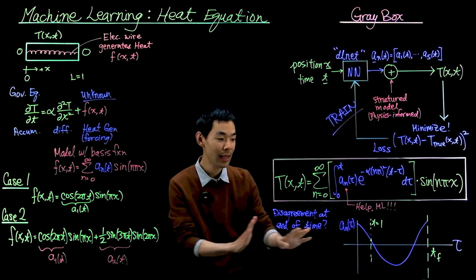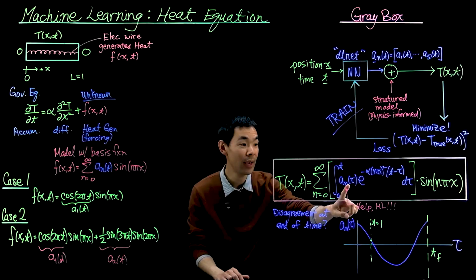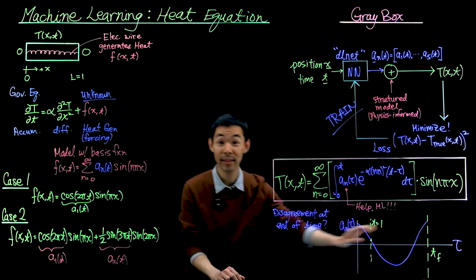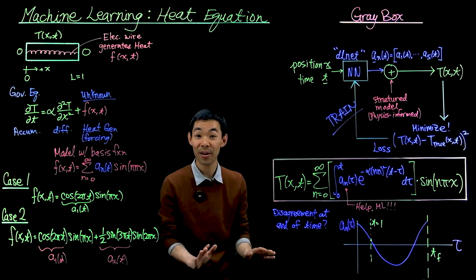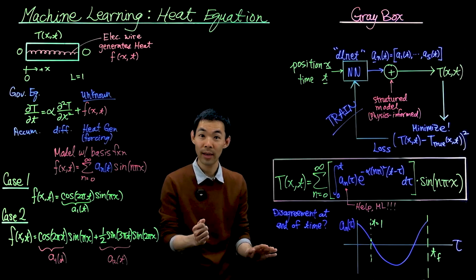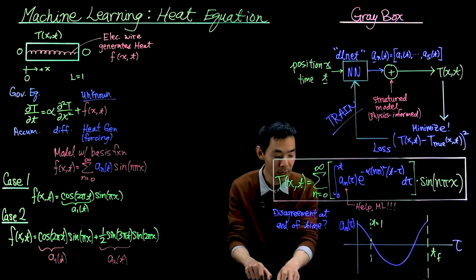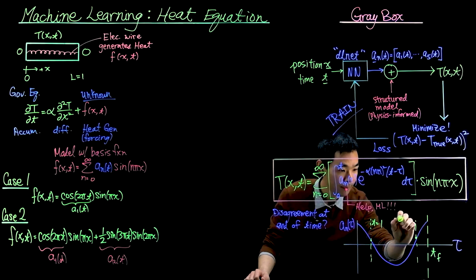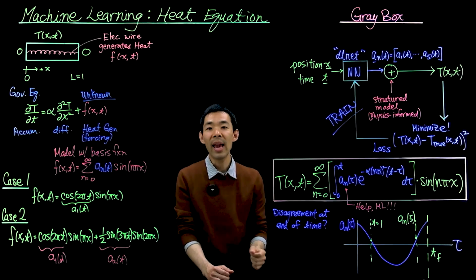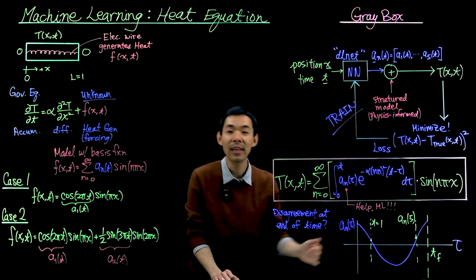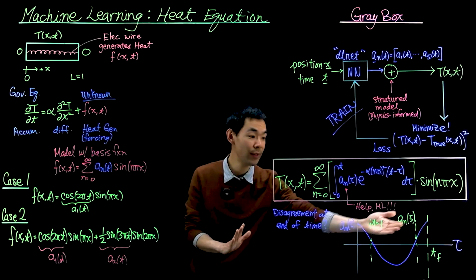What this means is that all values of A sub n beyond t of 1 do not matter, right? So for example, this point all the way over here might be A evaluated at time t equal to 5, a future time. 5 is bigger than 1.